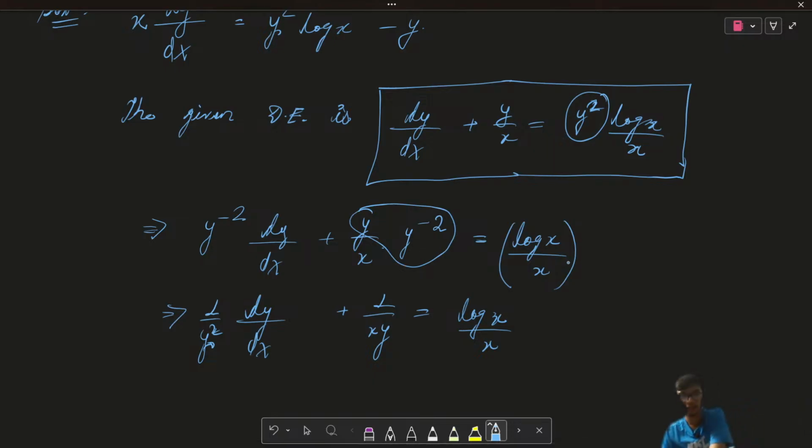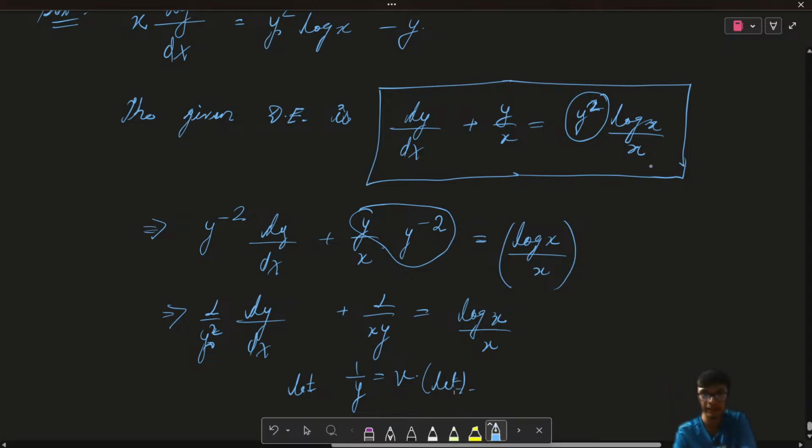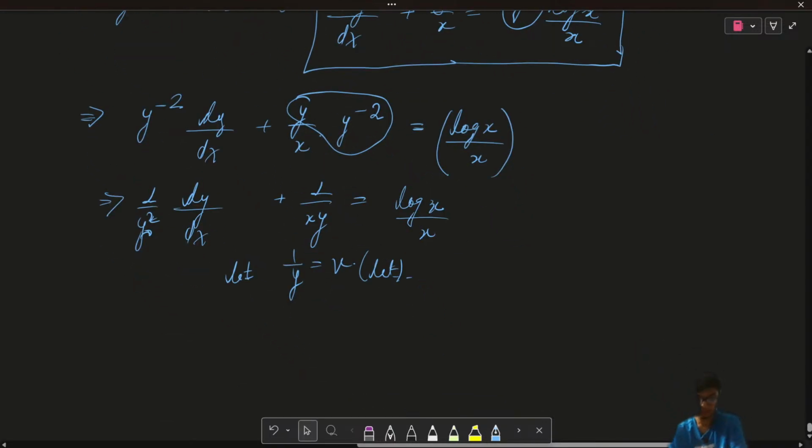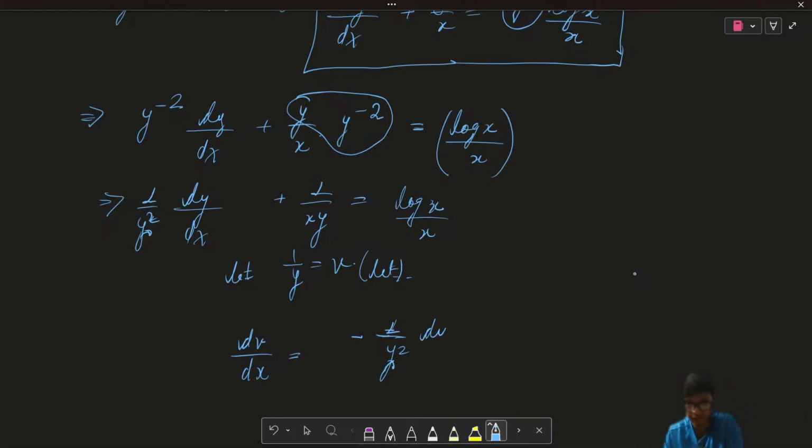Now from here, if I assume 1/y as some variable v, let us say I assume like this, then if I differentiate both sides with respect to x, dv/dx will become equal to minus 1/y² times dy/dx, right?